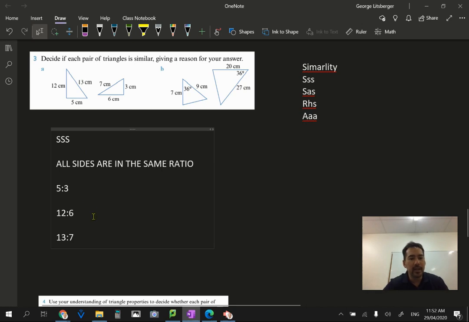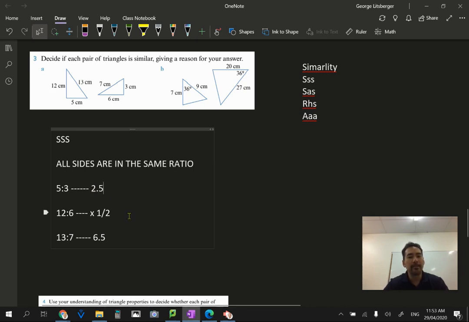Now, look here, this is quite obvious that 12 to 6 is basically a factor of 1/2. And over here, half of 13 is going to be 6.5, not 7. And at the top, half of 5 is 2.5, not 3.